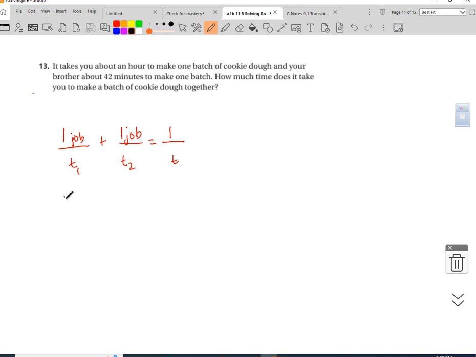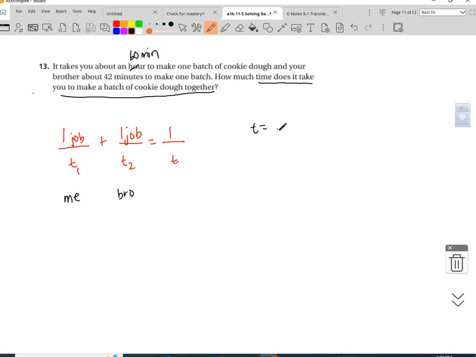So if this is me, it says it takes you, so I'm going to say that's me, an hour to make one batch of cookies. And then it says my brother takes 42 minutes to make a batch of cookies. And we want to know how much time it takes together to make a batch of cookie dough together. So that's what T equals. It's going to be in minutes, because this one is minutes, so we're going to switch this one to 60 minutes as well.